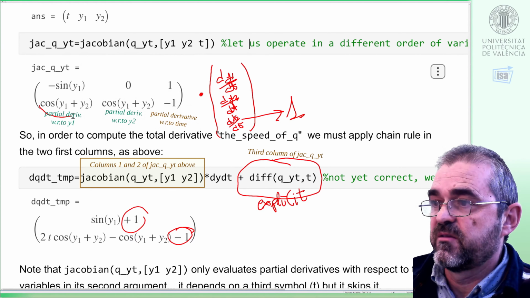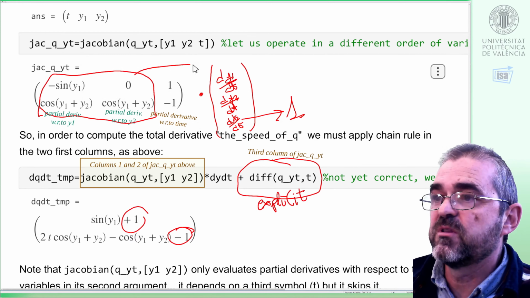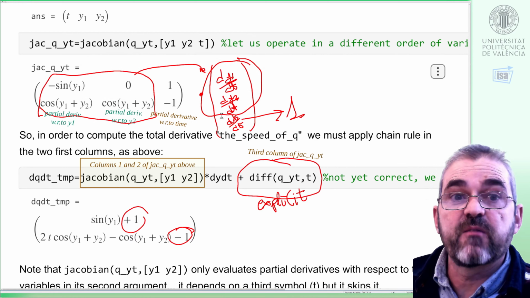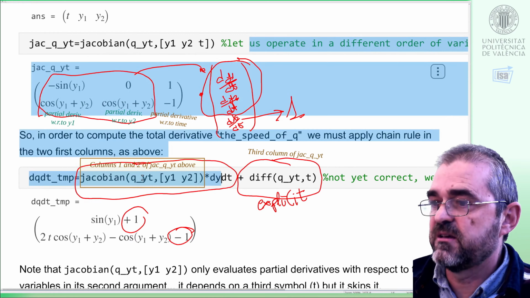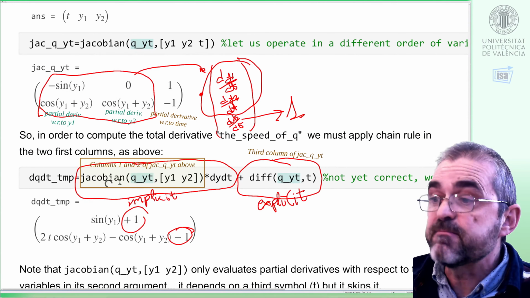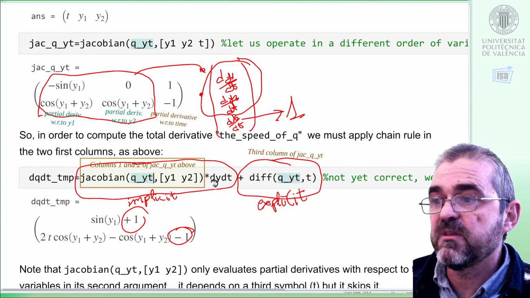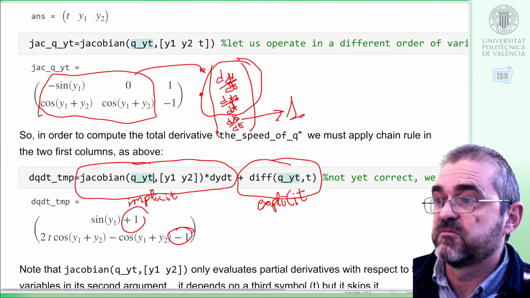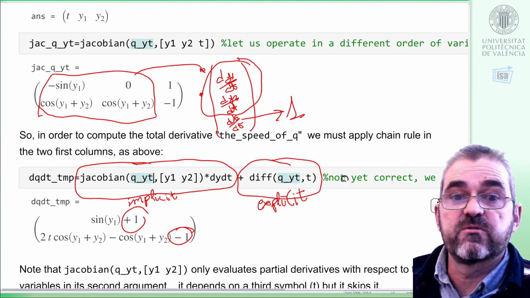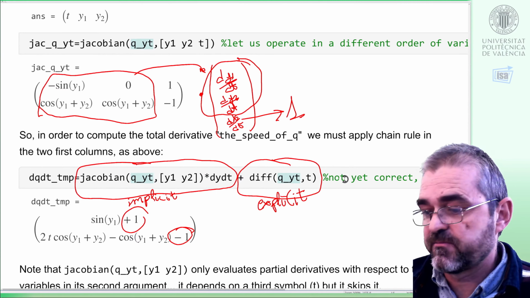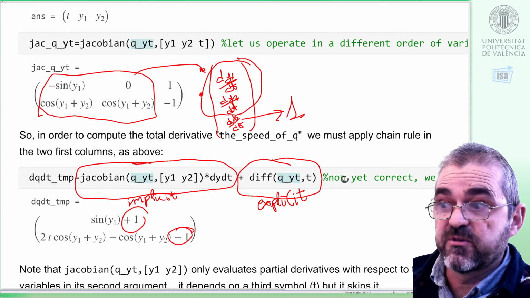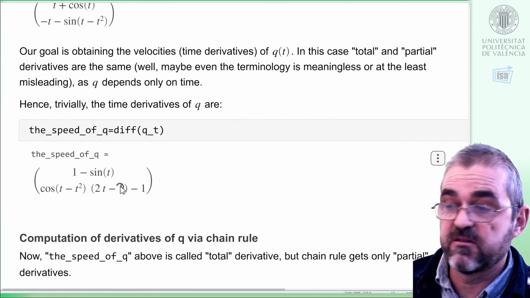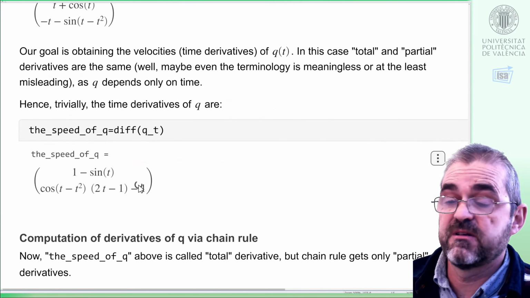And then this 2 by 2 matrix multiplied by this vector of 2 speeds is the fragment of chain rule in here. That's called the implicit contribution because y1 is actually a function of time, and y2 too. Okay, so this thing is what's called the total derivative, but as in the first example with chain rule, our goal is obtaining the speed of Q, but this only depends on time.